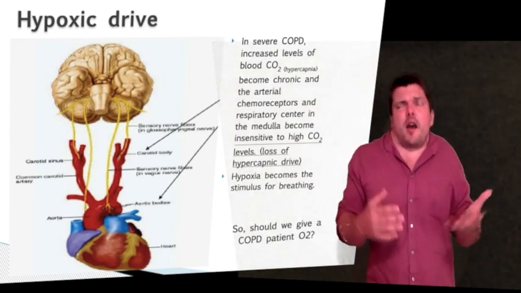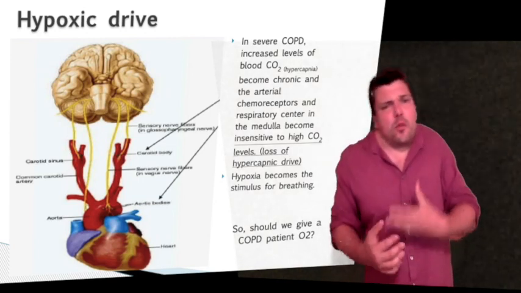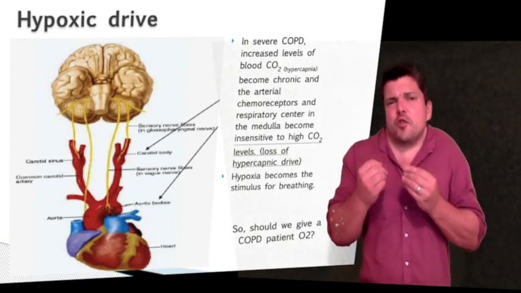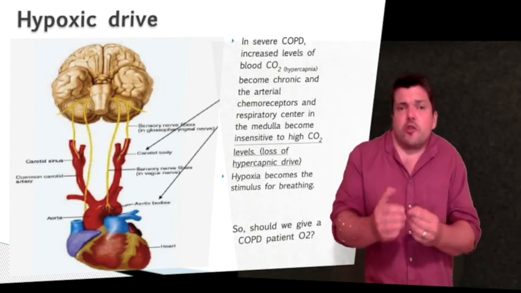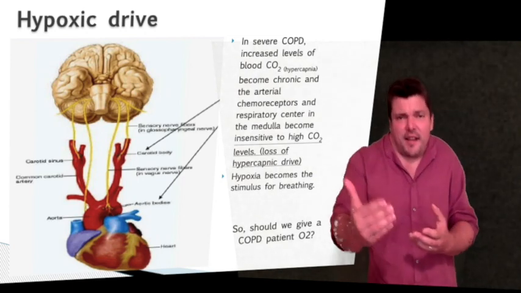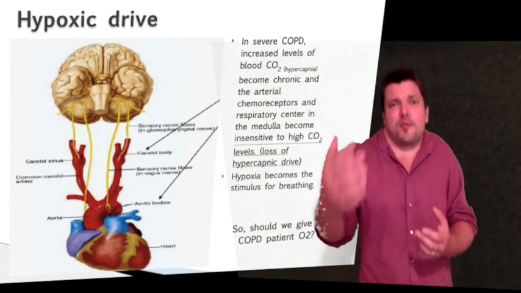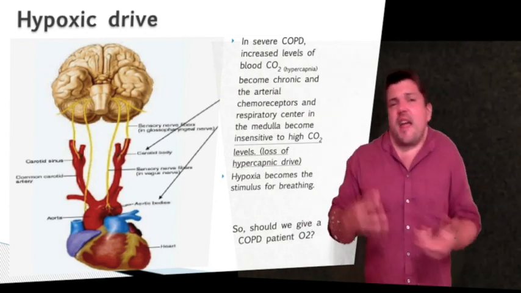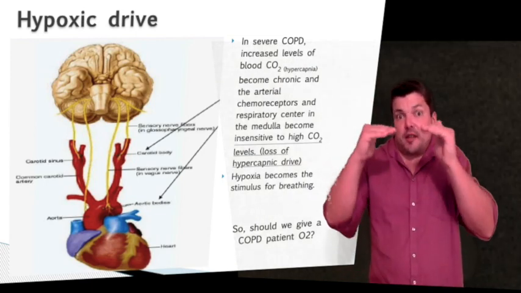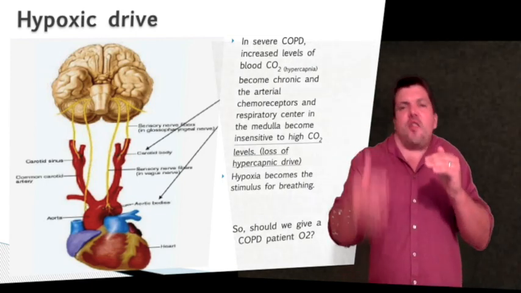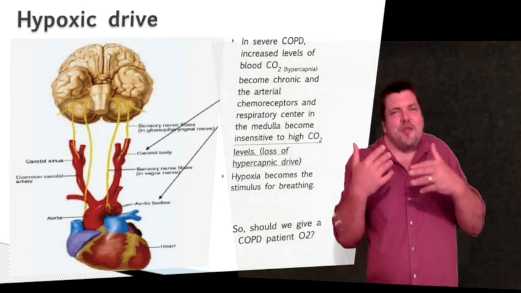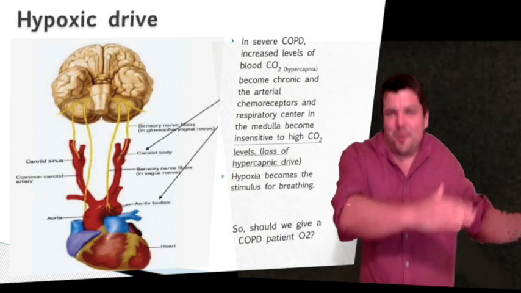I bring this up because clinically, when you're working with patients with COPD, sometimes you'll find clinicians cautious to administer oxygen in people that have a hypoxic drive to breathe. That is to say, if they're used to breathing and ventilating at a certain percentage level of oxygen, and then you supplement that oxygen, it may reduce their drive to breathe.